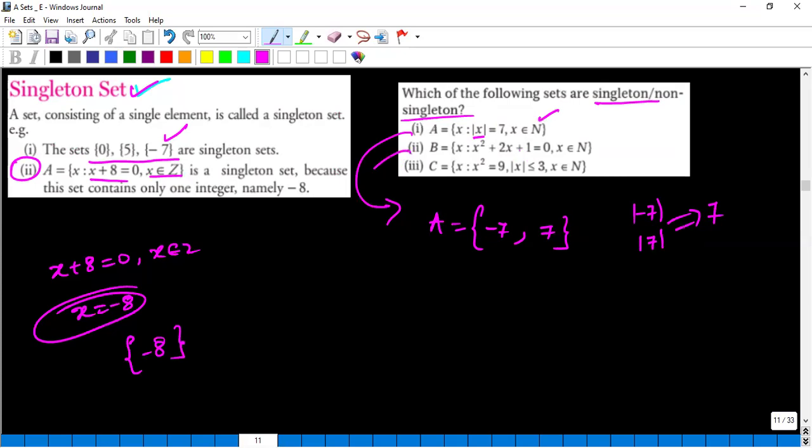Second question. Set B is like this. x is such that x square plus 2x plus 1 equals 0, where x belongs to N. Let us solve this. x square plus 2x plus 1, I can write it as x square. Will I get? I think I will not get.